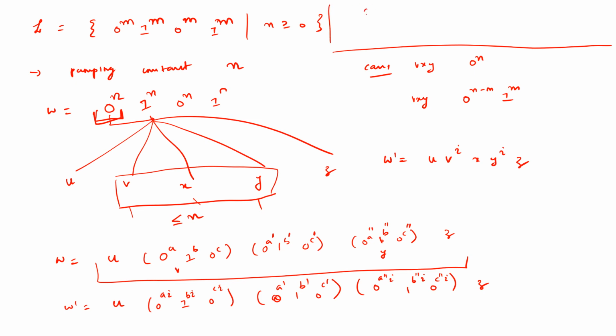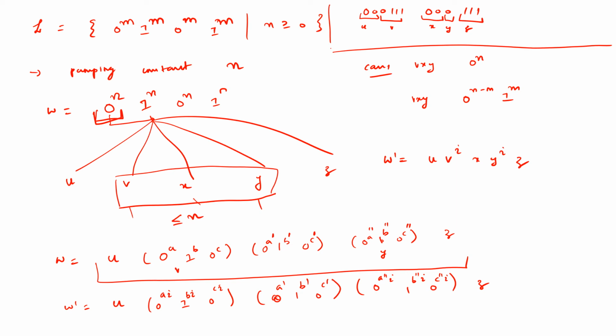So let's take an example: 0 0 0 1 1 1 0 0 0 1 1 1. Now you tell me some partition that will fit into this construct. So for the sake of argument, this is u, this is v, this is x, this is y, and this is z.